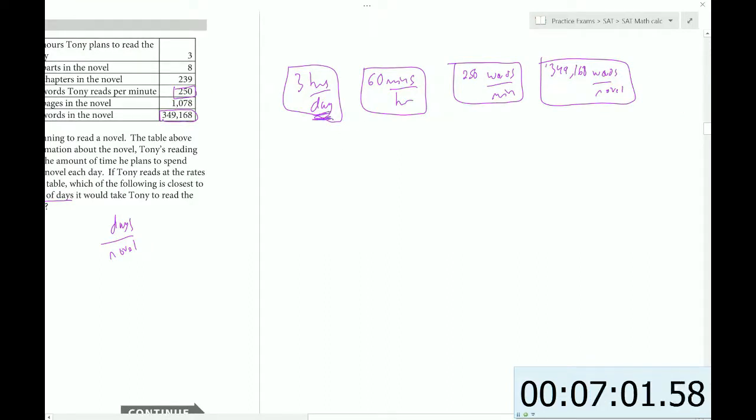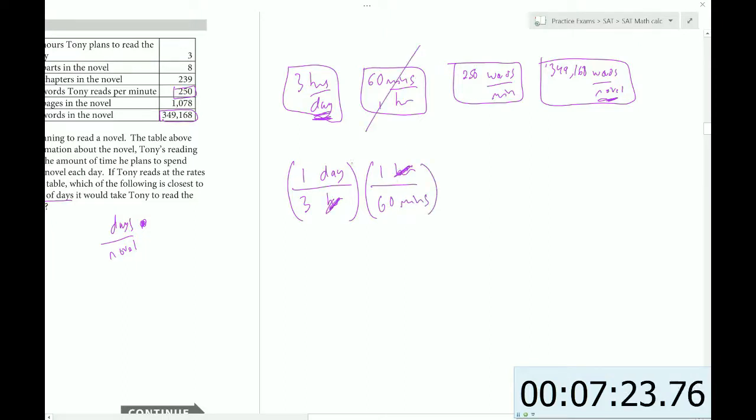So we have days here and we have novels here. So let's start with days on top. So we'll use 1 day with 3 hours. The reason why I start with days on top is because it's here. Then we go 1 hour on top, 60 minutes on bottom. Okay, so that gets me out of hours and into minutes. So we've used this, we've used this.